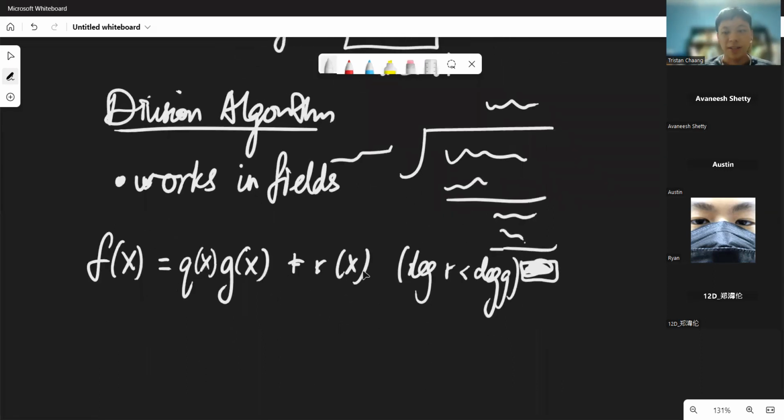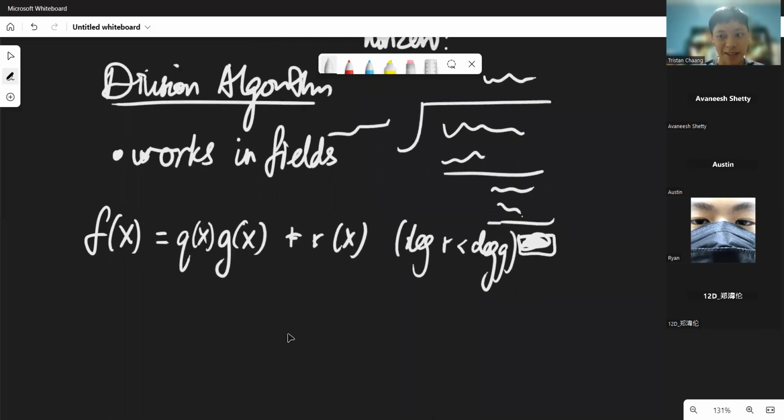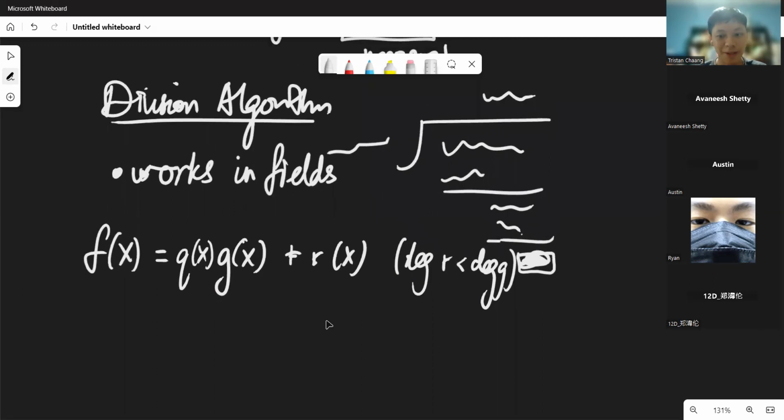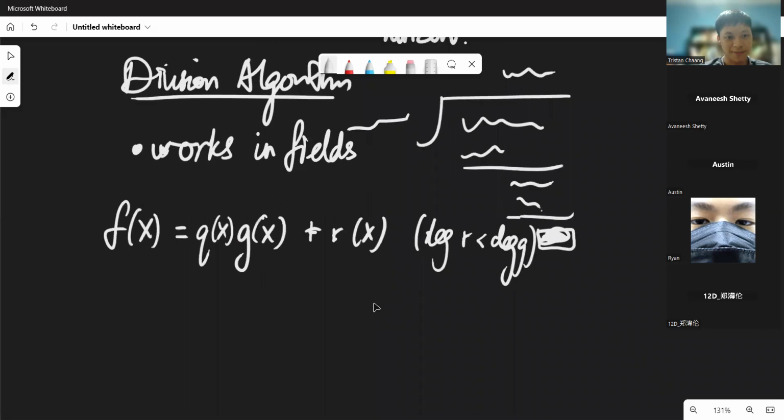And q and r are unique, by the way. And why are they unique? I will leave that to you. But a hint is, if you have q1, r1, q2, r2, you have two equations, subtract, factorize, and then look at the degrees. Then you will see that q1, q2 must be the same, r1, r2 must be the same. So that's the division algorithm.